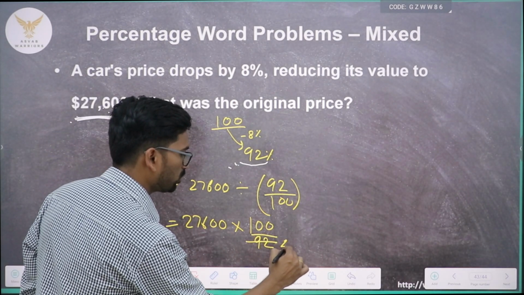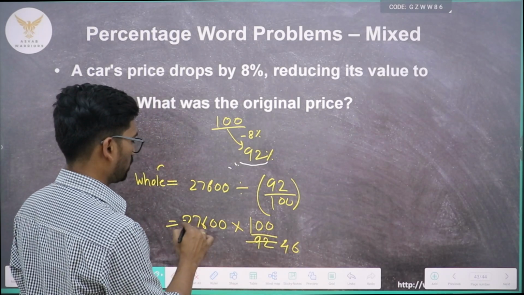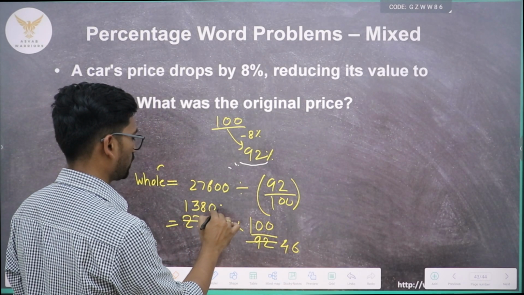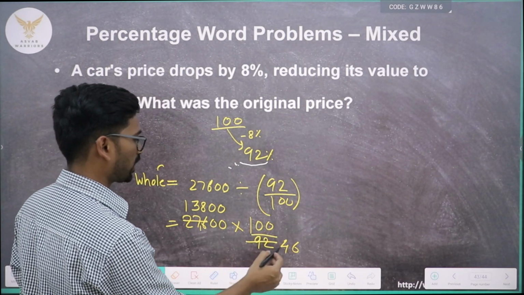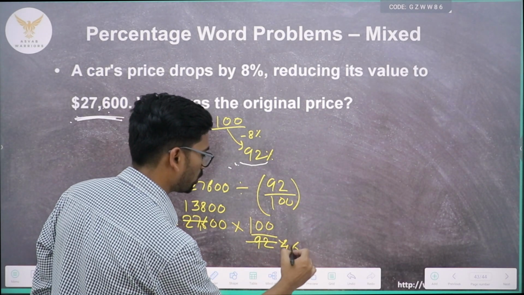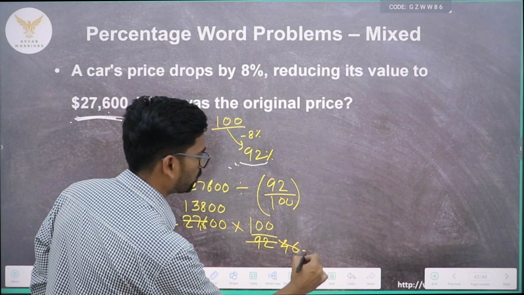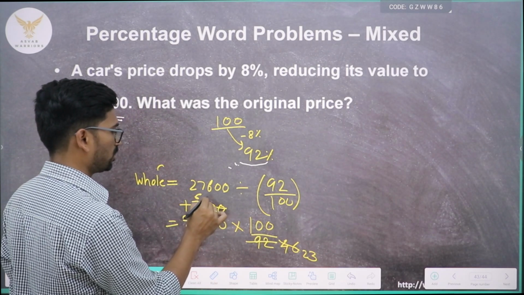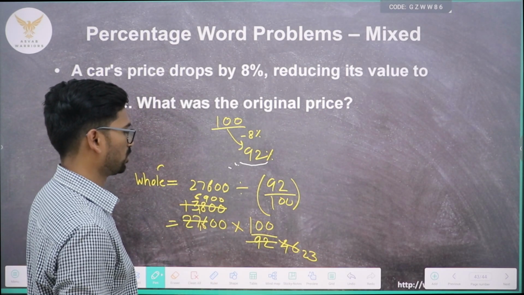First we will divide it by 2. So we get 46. 2 ones are 2, 2 3s are 6, 2 8s are 16. Again we can reduce it by 2. So 23, 2 6s are 12, 2 9s are 18.